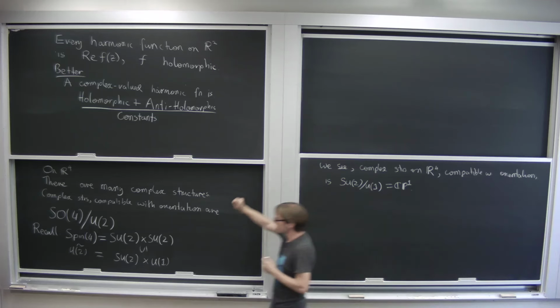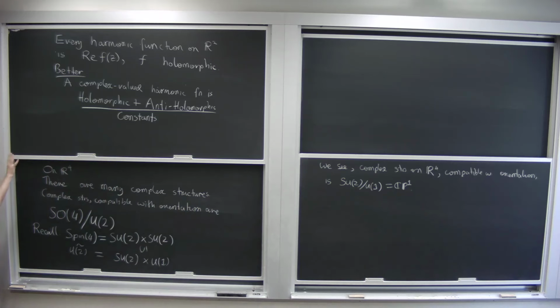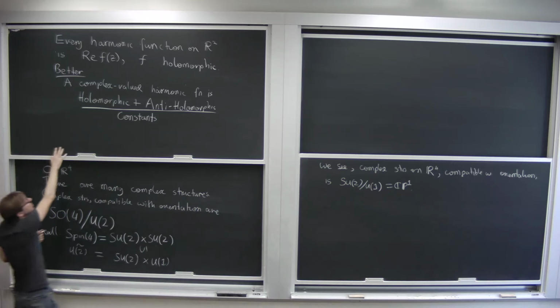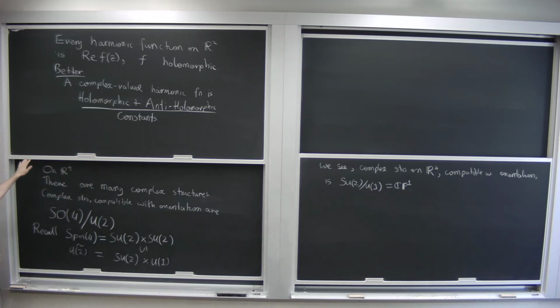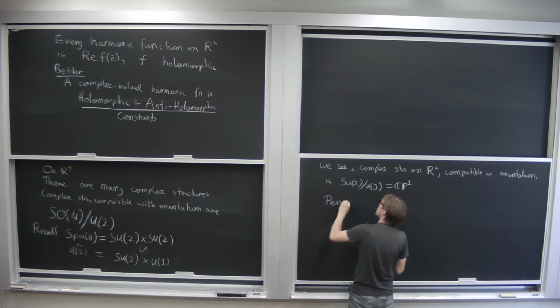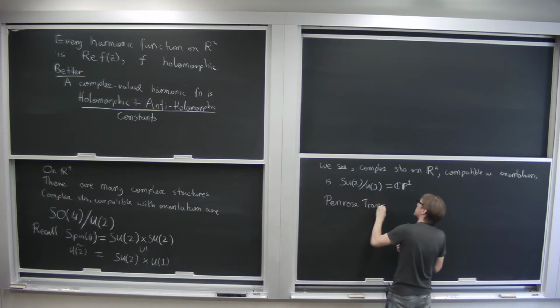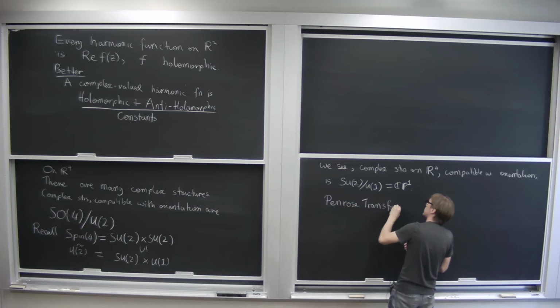So this statement up here, that every harmonic function can be built from a holomorphic and anti-holomorphic function, there's going to be a version of this on R4, but instead of being a sum, it will be an integral. So the Penrose transform, the very basic version, looks like the following.